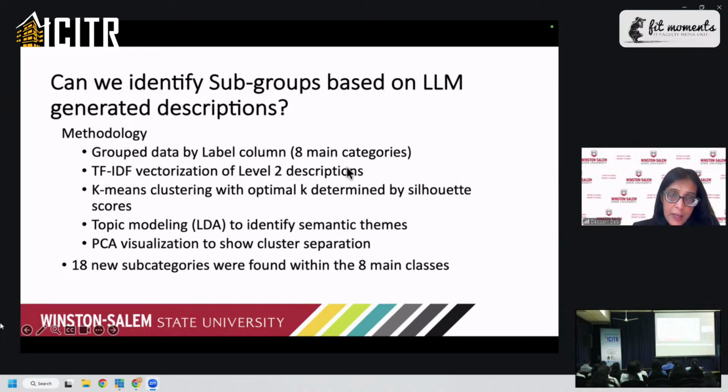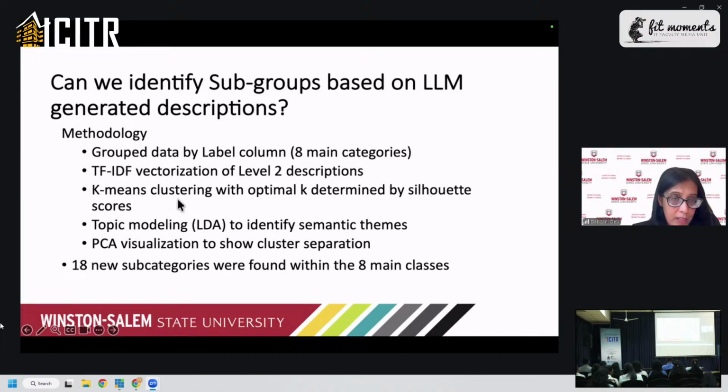Whatever the label given by our few-shot or zero-shot classification algorithm, like crater or dark dune or black dune, it also generates a label 2 description and then label 3 anomalies. We did a TF-IDF vectorization of the label 2 descriptions that I showed in a previous example, and then ran K-means clustering to identify clusters based on those descriptions.